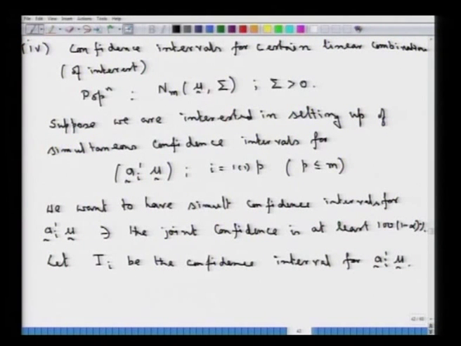And we had the following discussion, that we were looking at these linear combinations ai prime mu quantities for i equal to 1 to p, where p is less than or equal to m, and we were trying to find out a simultaneous joint confidence interval for all of these linear combinations such that the coverage is at least 100 into 1 minus alpha percent.